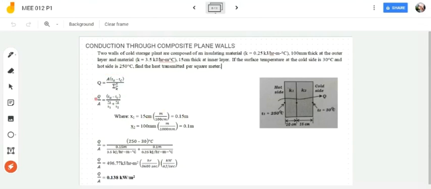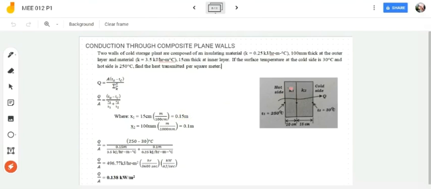Finding your Q over A, that is TH minus TC over, and since we have two walls here, for wall 1 the resistance is X1 over K1, and for wall 2 we have X2 over K2. To make our units uniform, we will convert our 15 centimeter into meter. There are 100 centimeter per meter, so your X1 is equal to 0.15 meter.